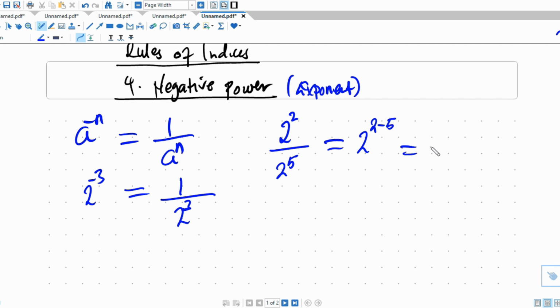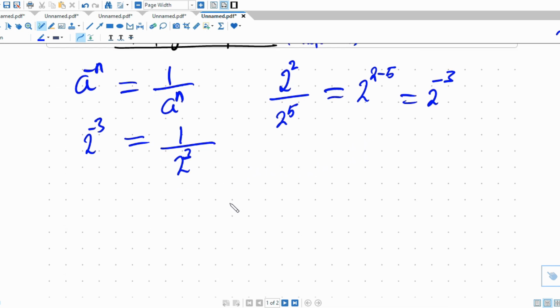Which is the same as 2 raised to negative 3, because 2 subtract 5, you get negative 3. That is according to, of course, integers. Now, let's analyze this further.